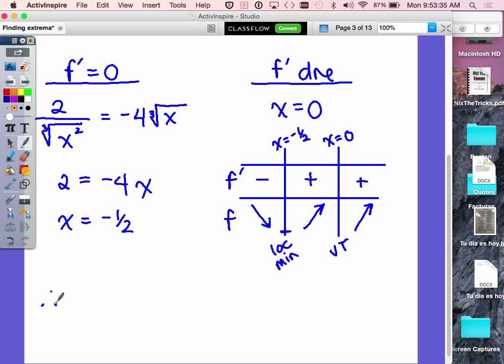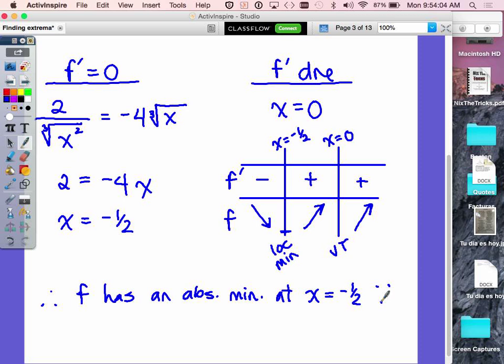I'm going to write my sentence now. I'm going to say, therefore, f has an absolute minimum at x equals minus 1/2 because, and now if I said because f prime changes sign from negative to positive, that would be a good answer for a local minimum, but it's not enough for an absolute minimum.